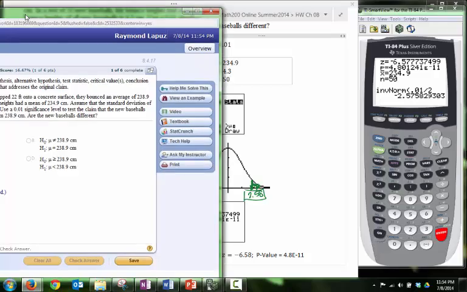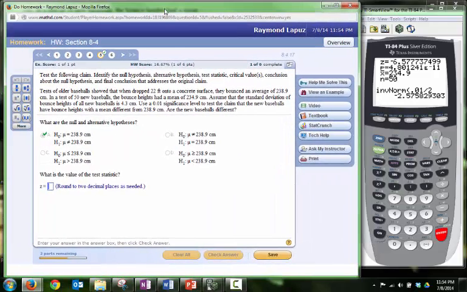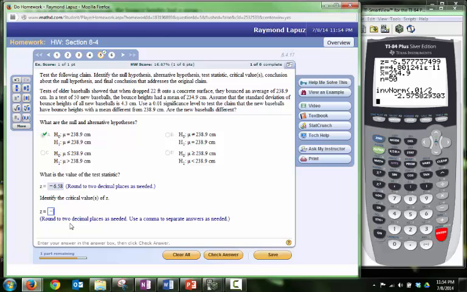Our test statistic is negative 6.58. Our critical value, we found in our calculator, there's 2 of them since it is a two-tail, so it's a negative 2.58 and then comma positive 2.58.